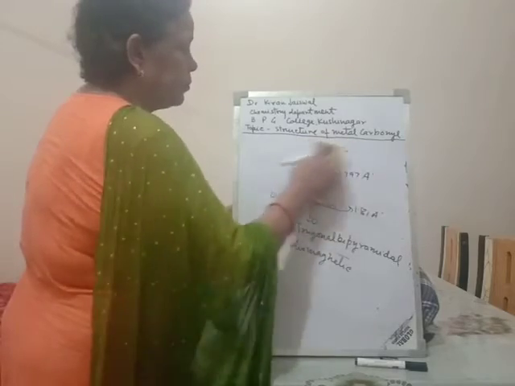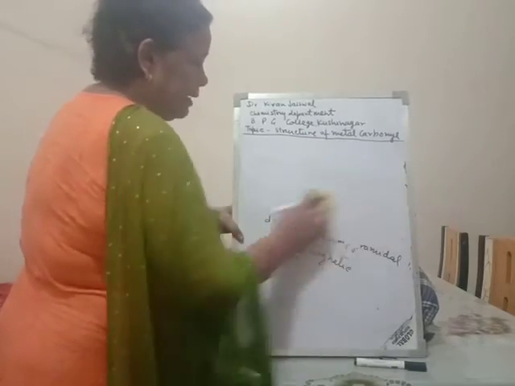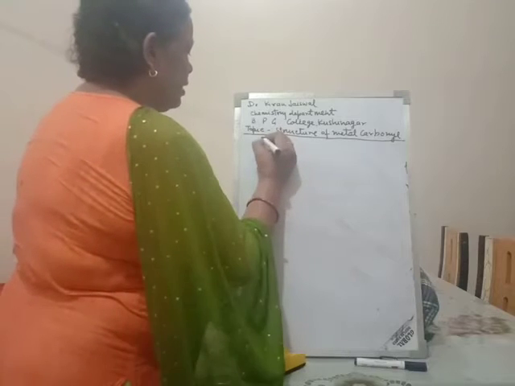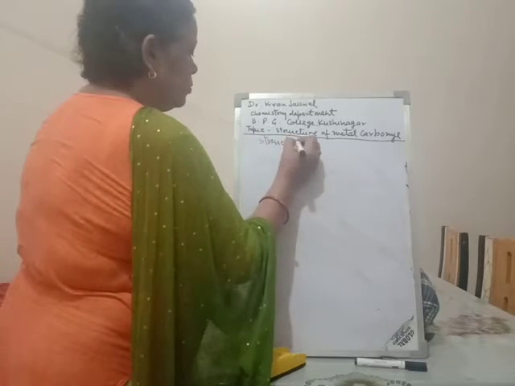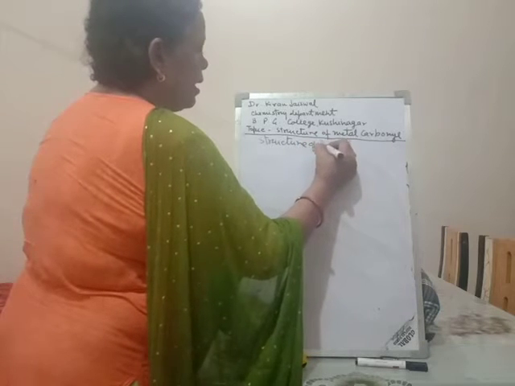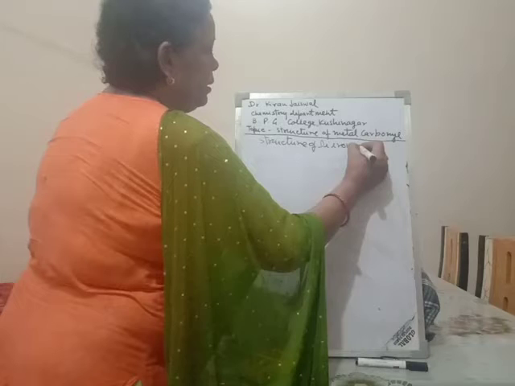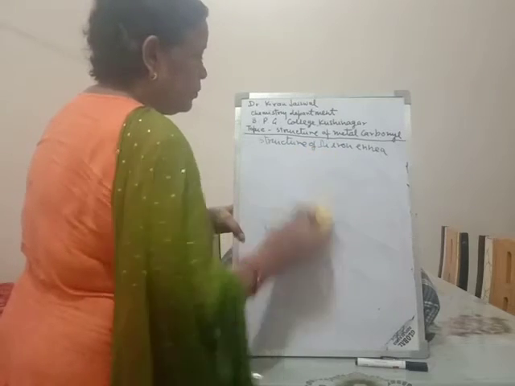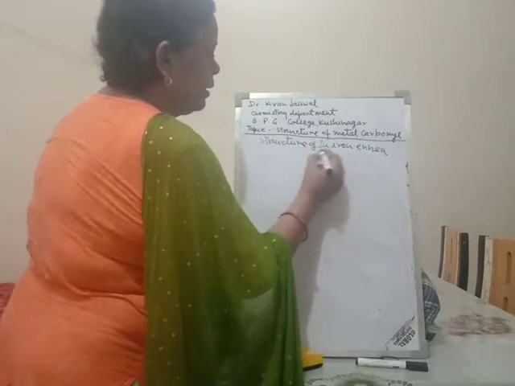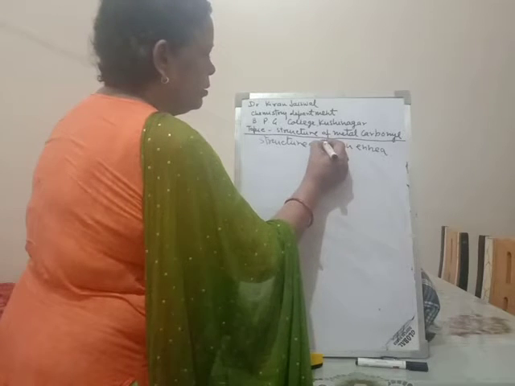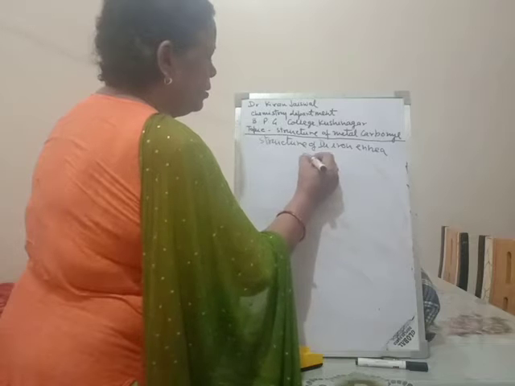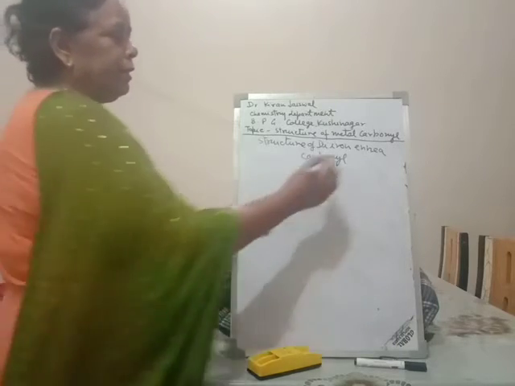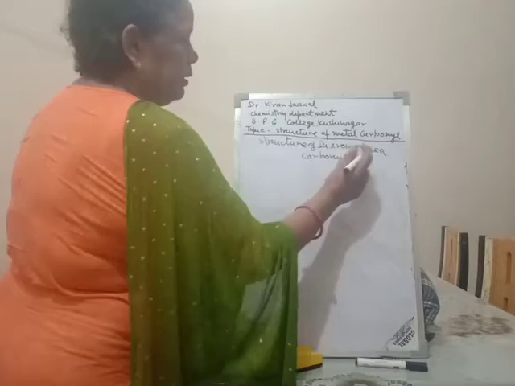Next is di-iron enneacarbonyl, the structure of di-iron enneacarbonyl.